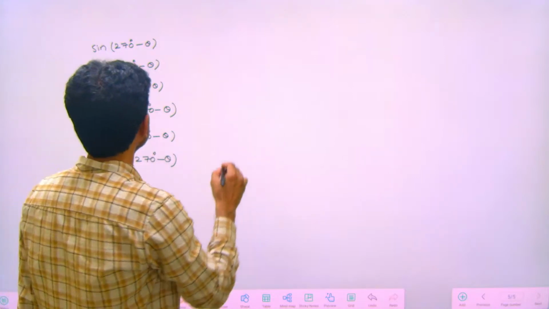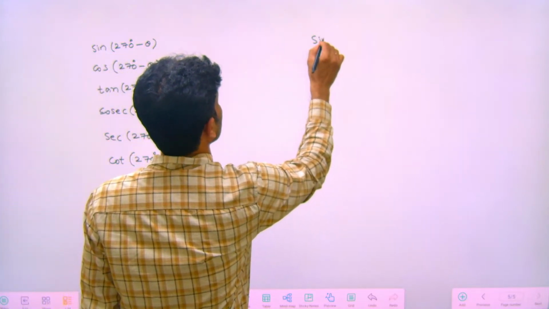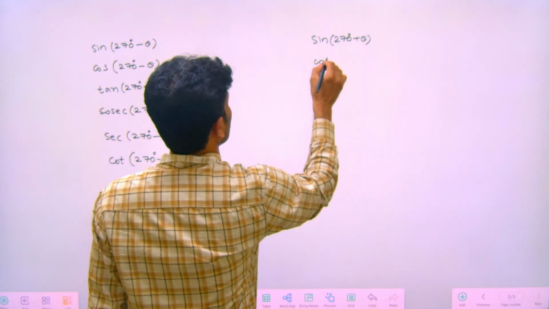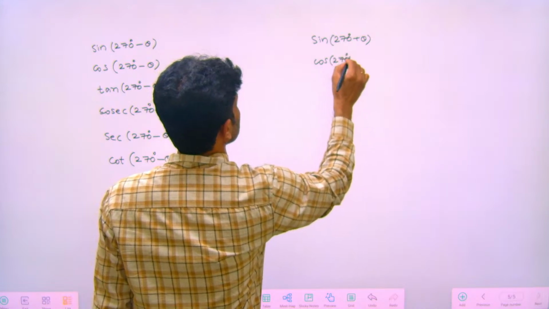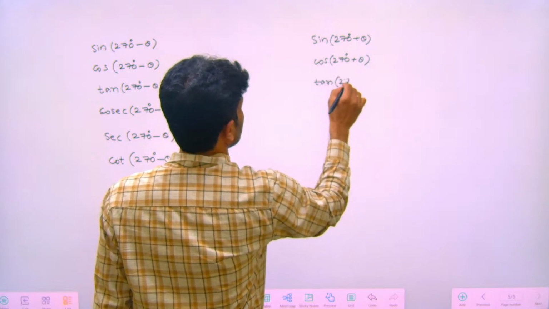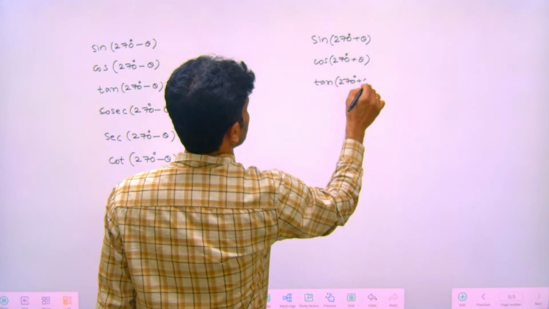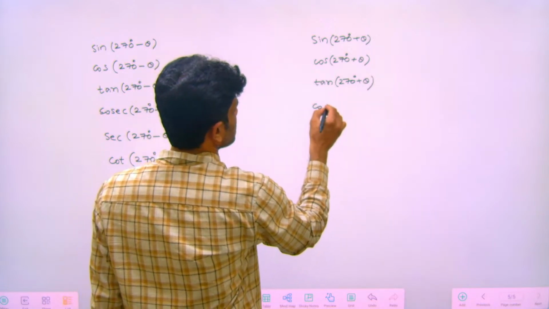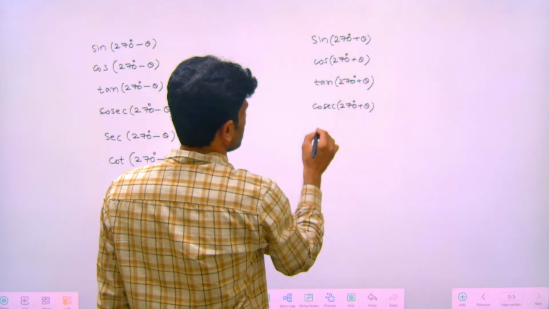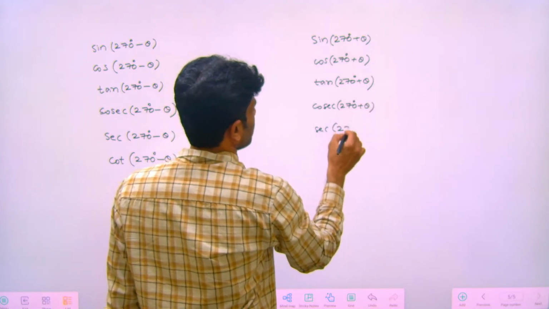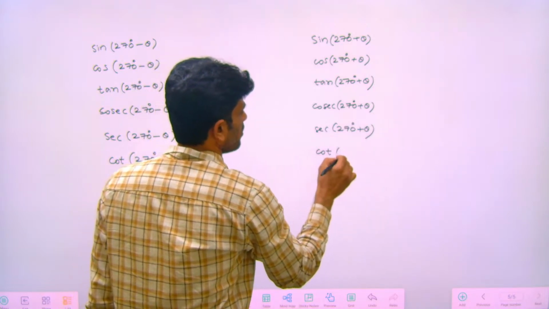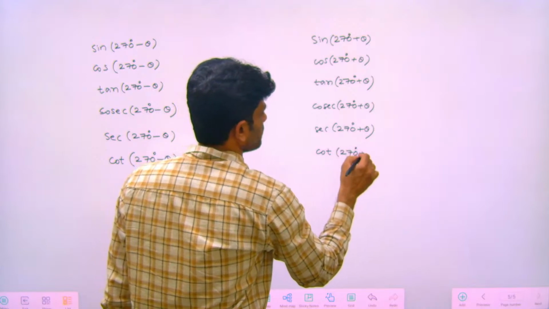Next, let us write 270 degrees plus theta. Sine of 270 degrees plus theta, cos of 270 degrees plus theta, tan of 270 degrees plus theta, cosecant of 270 degrees plus theta, secant of 270 degrees plus theta, at last cot of 270 degrees plus theta.